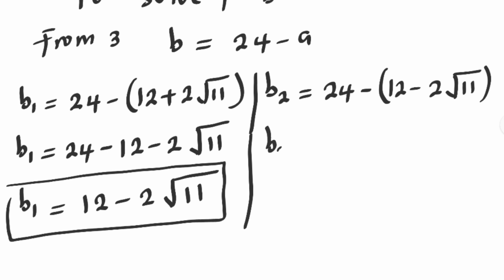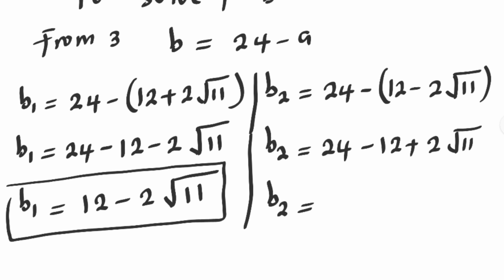Also, B2 is equal to 24. If you open the bracket with this negative, we have minus 12 plus 2 square root of 11. B2 is equal to 24 minus 12. This is 12 plus 2 square root of 11.